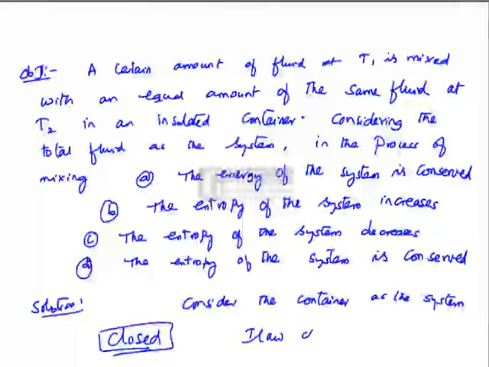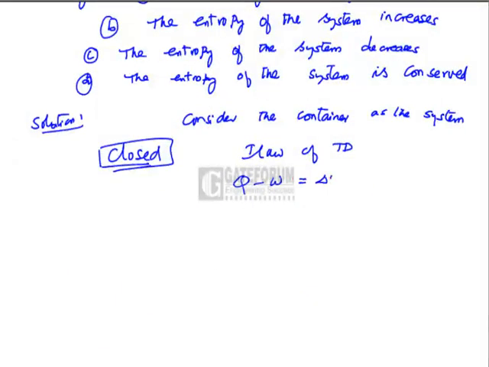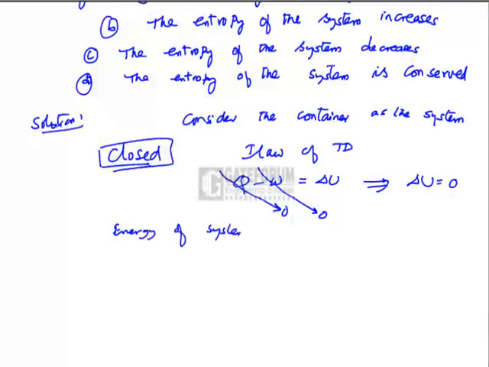Writing the first law of thermodynamics, Q minus W is equal to delta U. In this case it is insulated, Q is 0. There is no work done, implies change in internal energy is 0. Energy of the system is conserved. That is half of the answer.